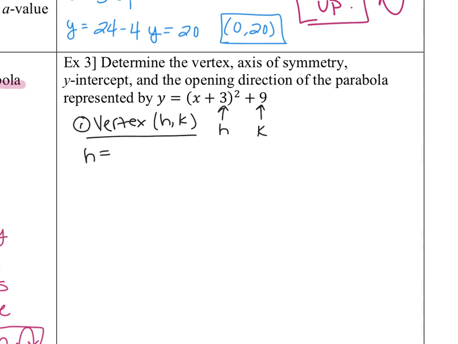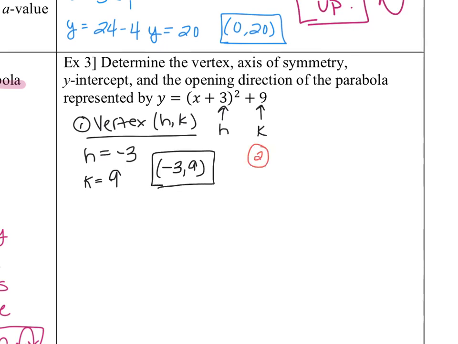H is the one that is always backwards. So since this says plus 3, that really means your h is a negative 3. K is the one that makes sense. K is the one that doesn't ever change. So since this says plus 9, that means k is a positive 9. So when you write your coordinate point, you're going to have negative 3 comma 9 as your vertex.